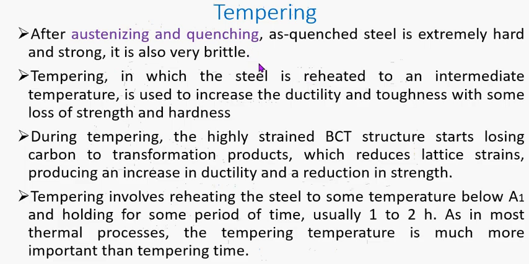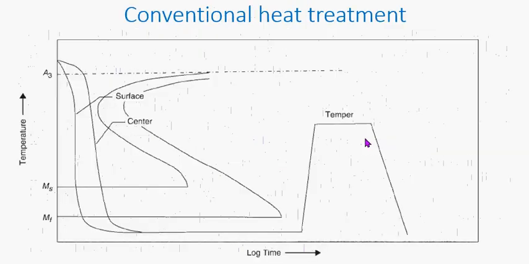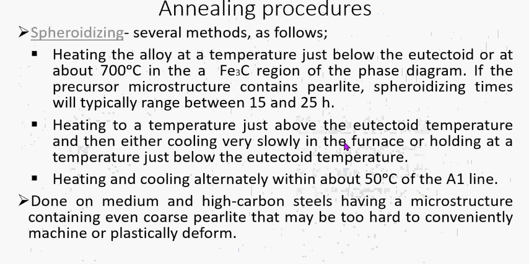So lastly, after austenitizing and quenching, what we have is an extremely hard and strong material, but then the material becomes very brittle. To regain some portion of the ductility, we have to temper. Tempering basically is reheating to an intermediate temperature. This is the temperature at which tempering is carried out.